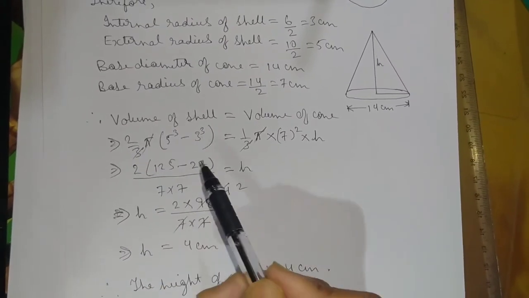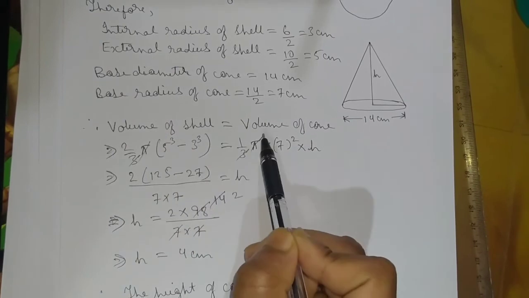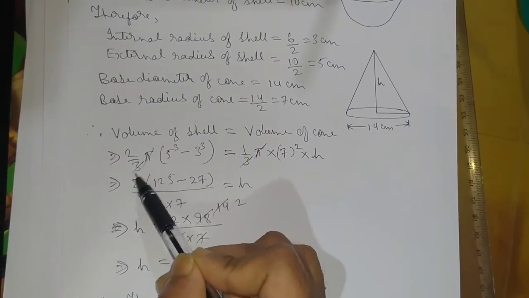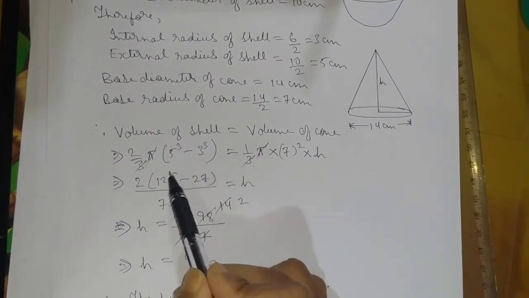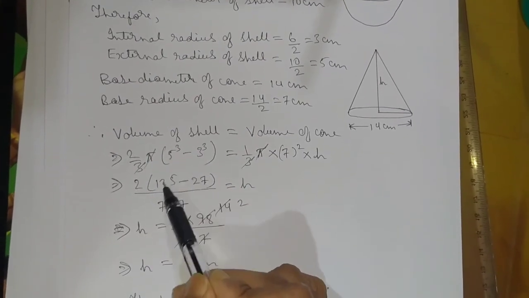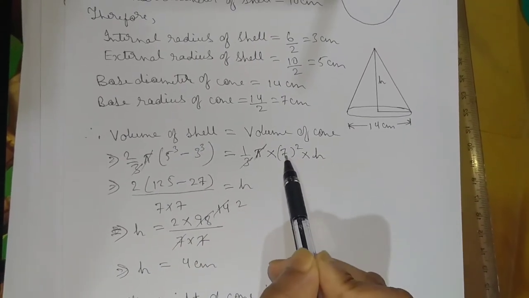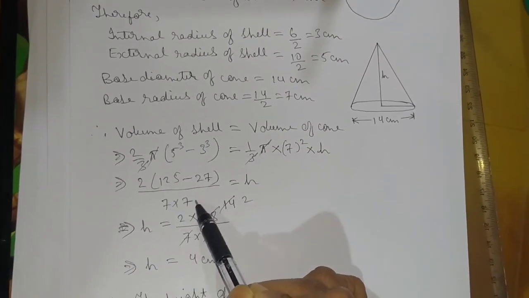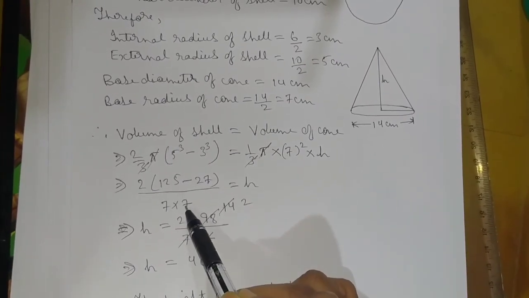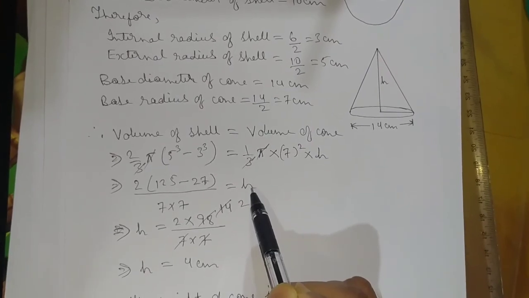pi cancels on the left side and right side, and 3 cancels on the left side and right side. Next line, 2 into 5 cube is 125 minus 3 cube is 27. Then 7 square shifts to the left side by cross multiplying, 7 into 7. So this is equal to the right side, which has only h.